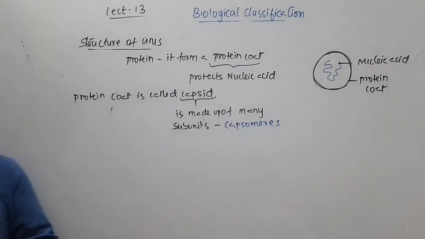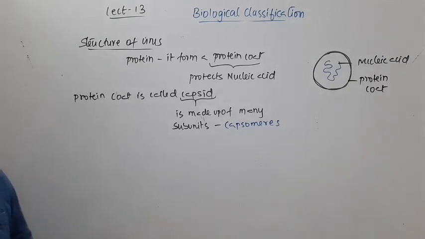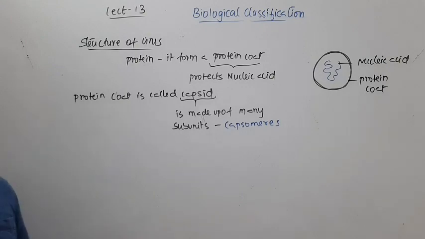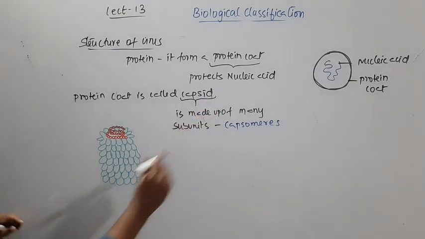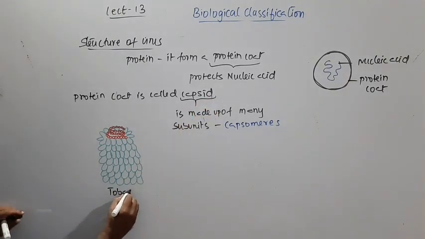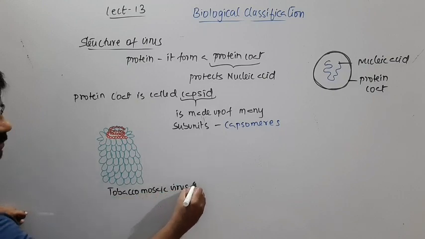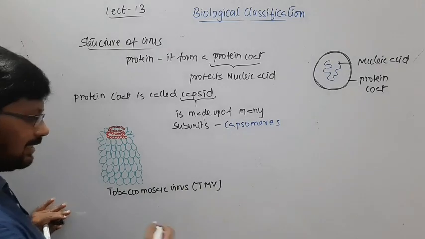These capsomeres and capsids we can see very clearly in the case of tobacco mosaic virus. I'll draw the diagram of tobacco mosaic virus. In short, we call it TMV, and this causes mosaic disease of tobacco.